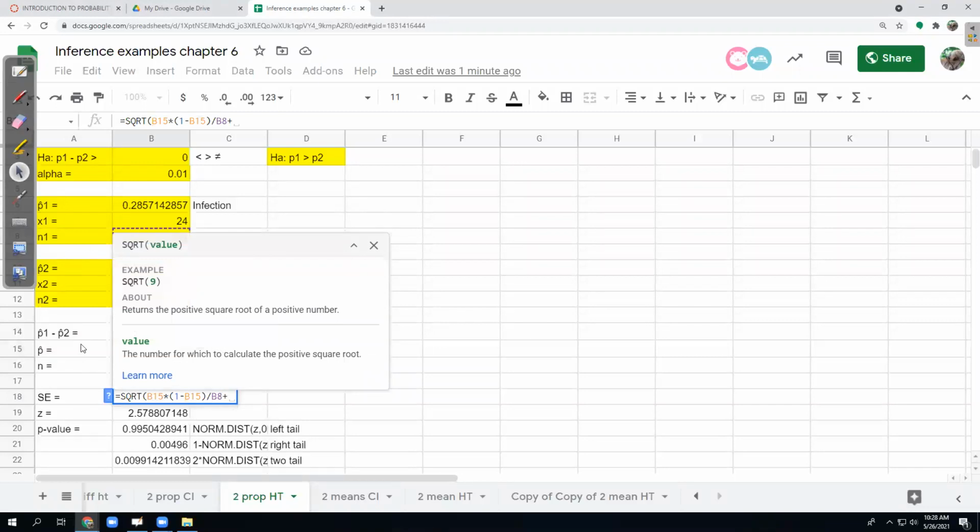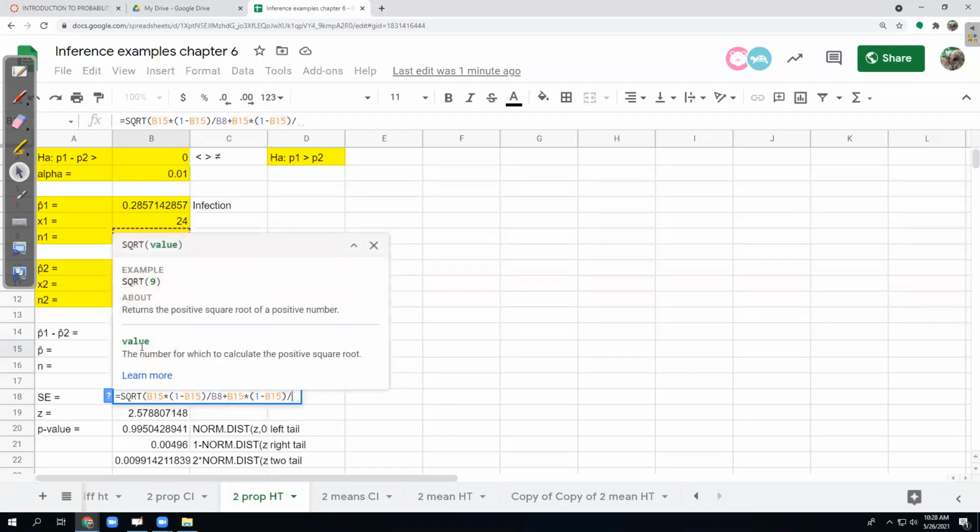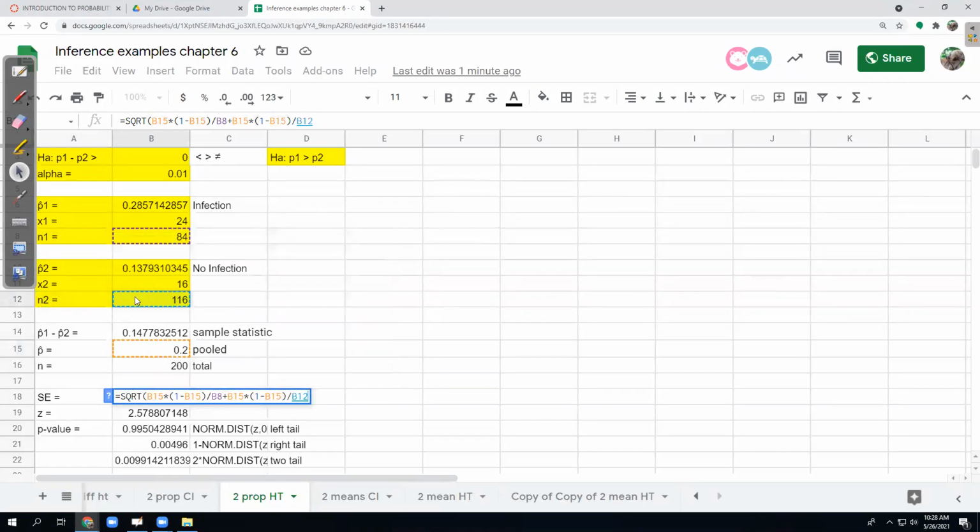Plus my p hat again, times, and on a spreadsheet, you've got to use an asterisk for times. If you put the parentheses next to something, it gets confused. 1 minus p hat divided by the second sample size. And close the parentheses, and there's my 0.057. The z, like I mentioned before, that z right there is the test statistic.